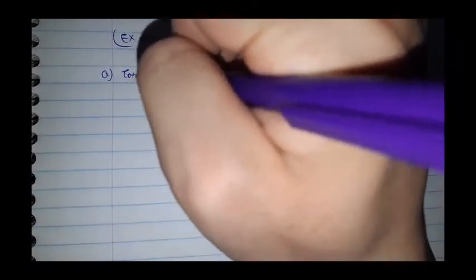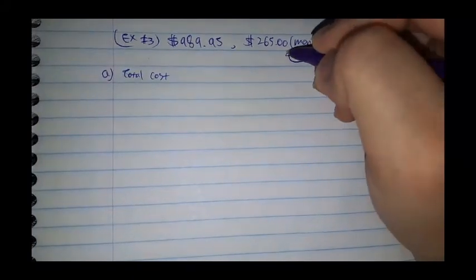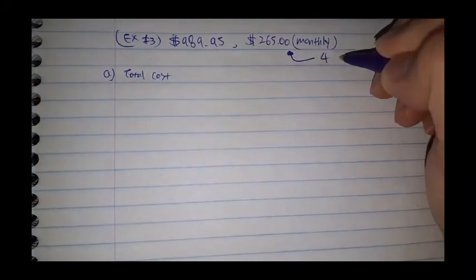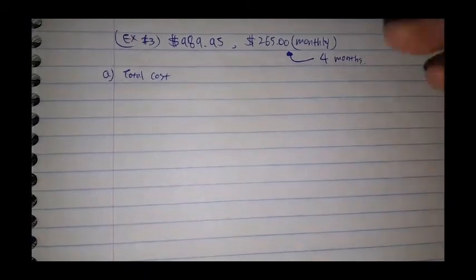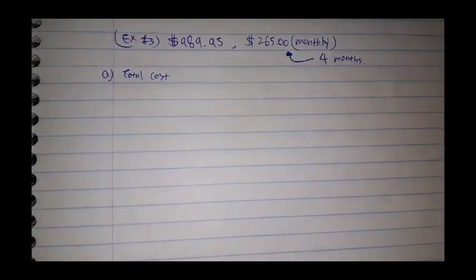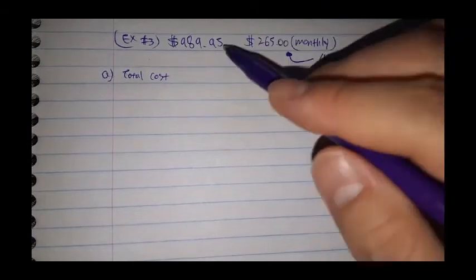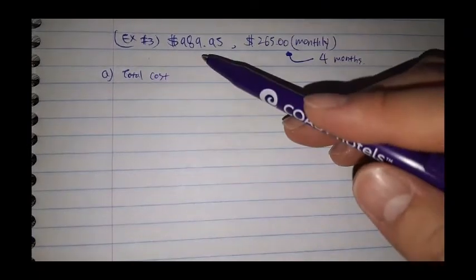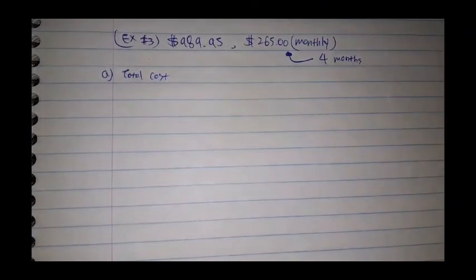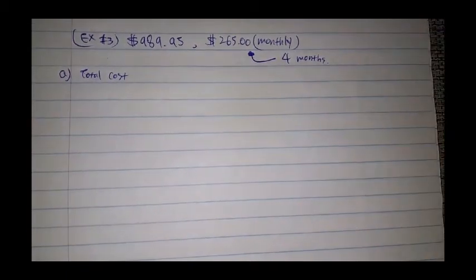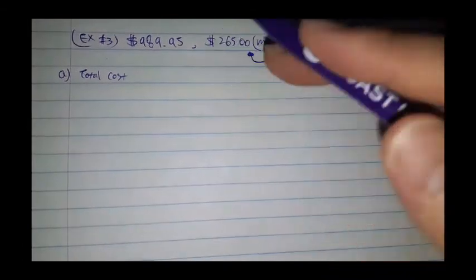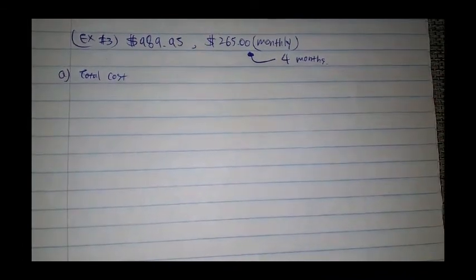So, let's do the total cost, A. For 4 months, you are paying $265 instead of almost $1,000 as a lump sum. If you want to call that a pro, that's a pro, because you don't need to take that much money at once. What if you need to do grocery shopping?